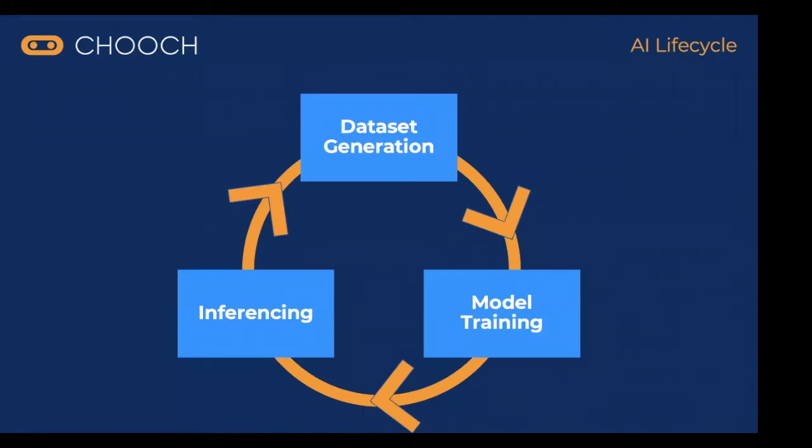So there's this loop going on: the data set generation then comes back to model training and then inferencing and so forth. It's really important to understand this. It's not hocus pocus. It's all technology and it's all explainable to a certain degree.